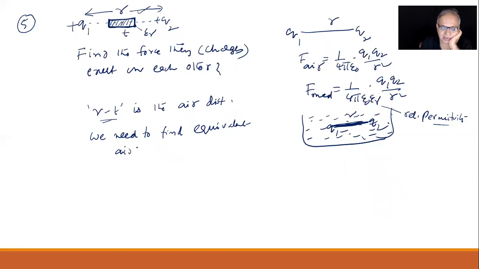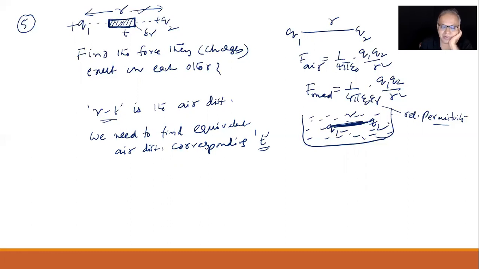Equivalent air distance corresponding to T. What is equivalent air distance? The distance which would cause the same force between two charges in air as the medium of thickness T. What is equivalent air distance?